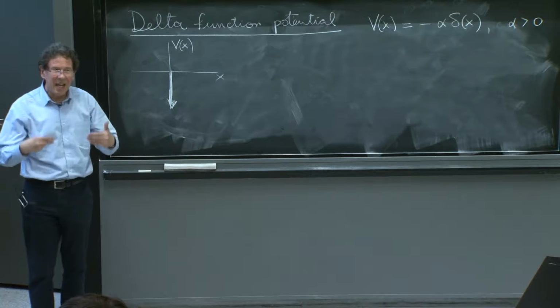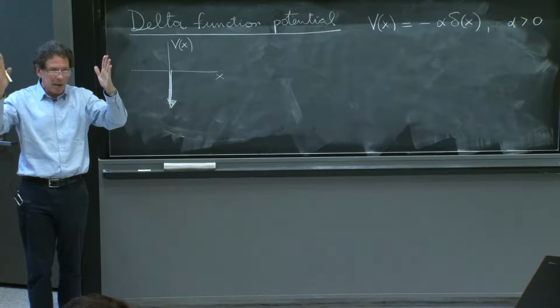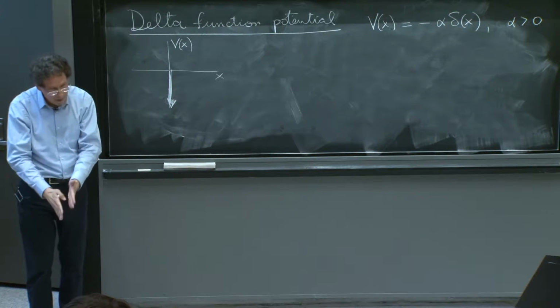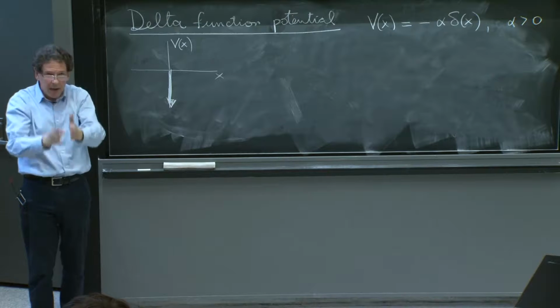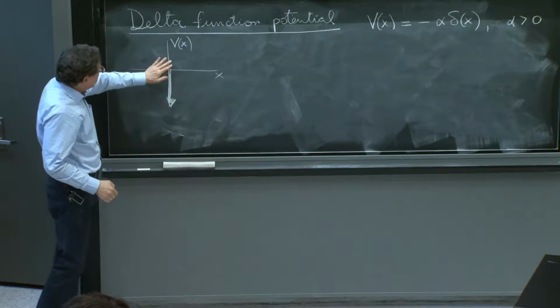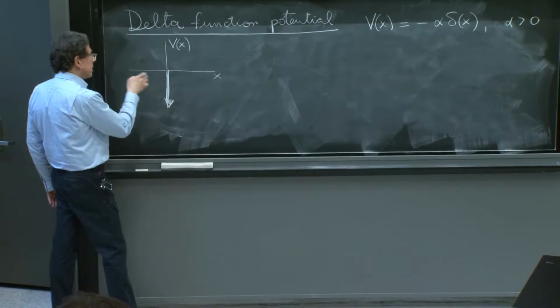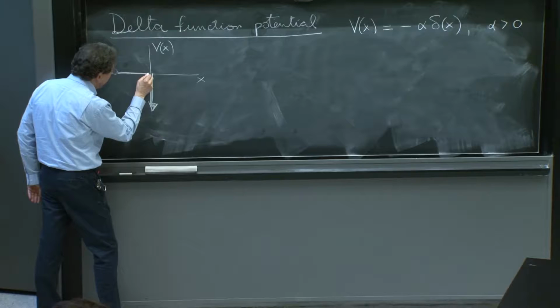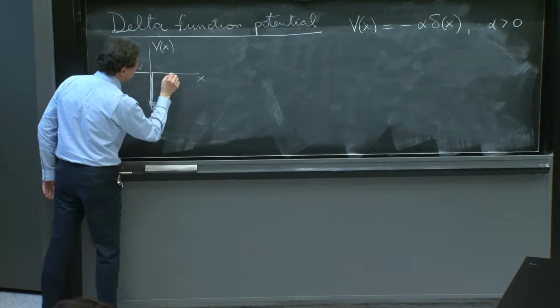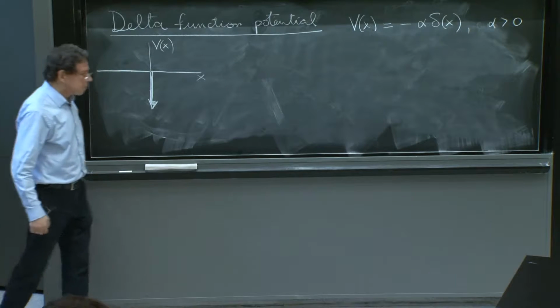You can imagine the delta function as a sequence of functions that becomes more and more narrow, but deeper at the same time, so the area under the curve is still the same. At any rate, a delta function potential should be understood as 0 everywhere else except at the delta function, where it becomes infinite.